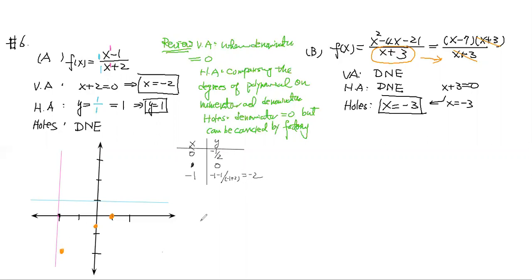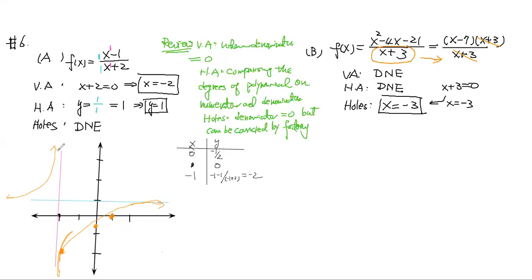That means your graph is going to do something like this. Be careful, this is the asymptote, so the graph is not supposed to touch the asymptote. Something like that, and then the other side will go like this.